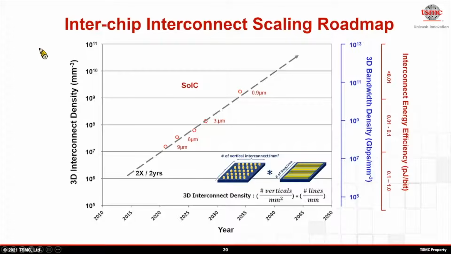On SoIC design rule, we plan to scale SoIC bond pitch 70% node to node, enabling bond density doubling again per node. That way we can achieve 2x bandwidth density scaling per node and the EEP, energy efficient performance, per node migration for more than 1 decade in the future.